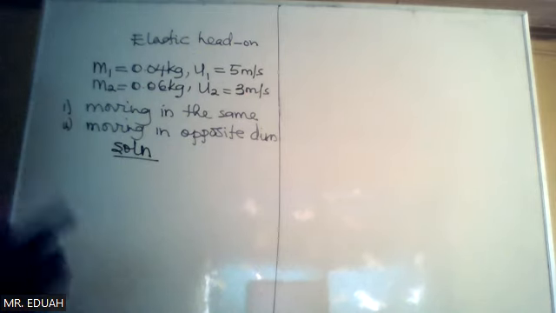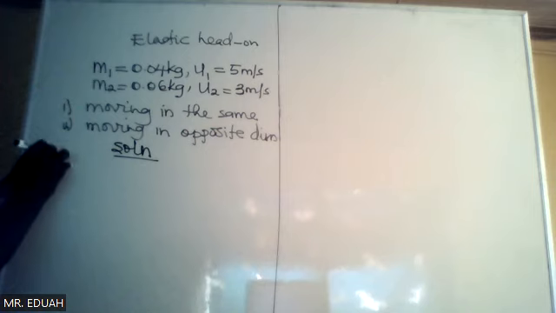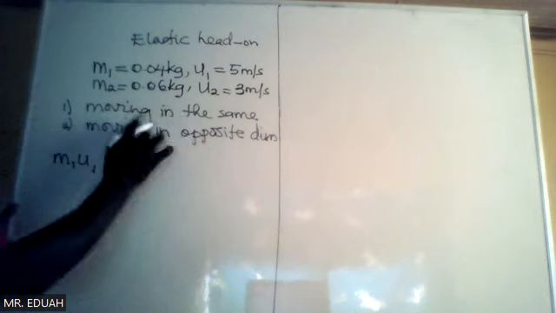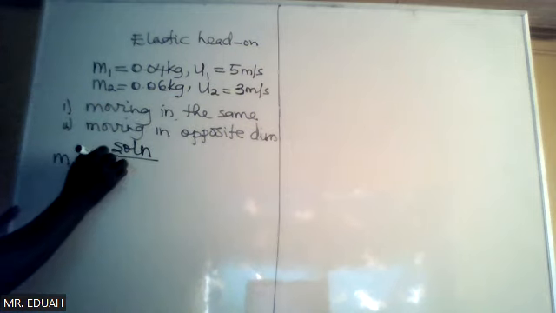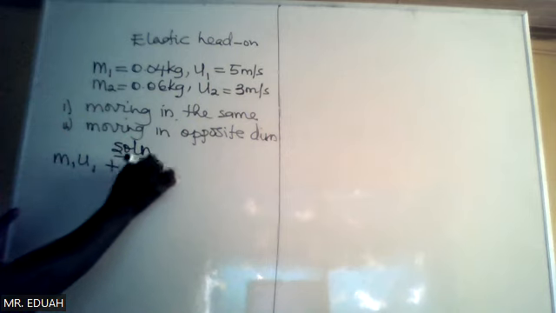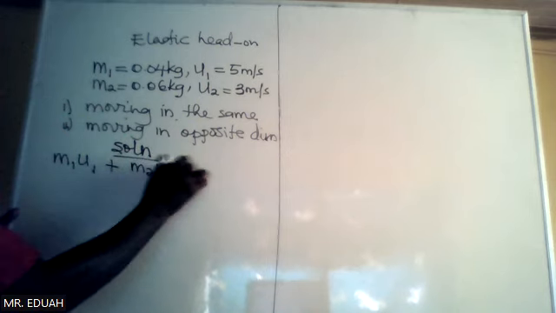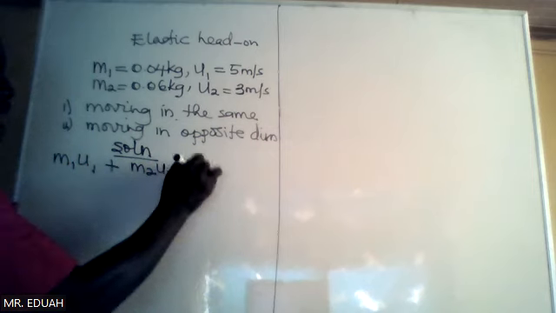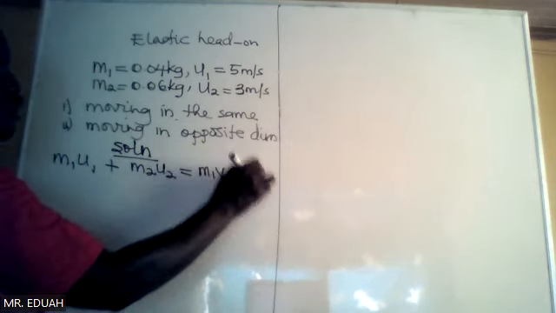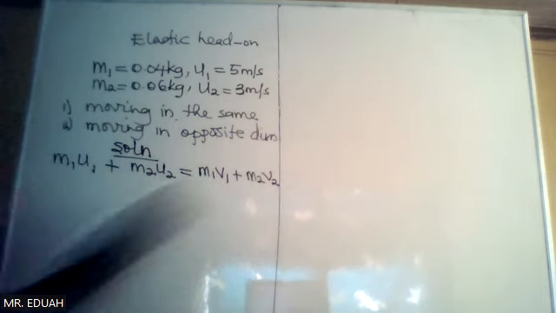So let's write the equation for the conservation of momentum. M1 times U1, first, they are moving in the same direction, so plus M2 U2 must be equal to M1 V1 plus M2 V2.